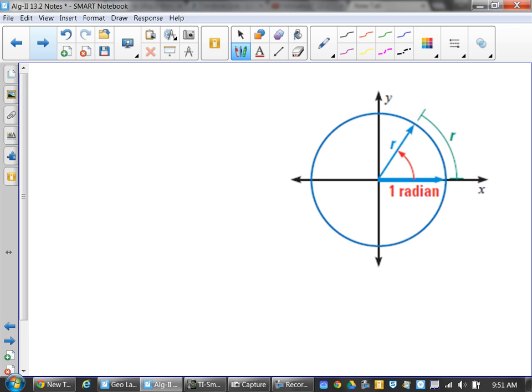What I want you to notice when you're dealing with the circle, the one thing that stays constant within the circle is the radius. You agree? The radian is the measure that something is moving around this outer edge of the circle. What's the outer edge of a circle called? Circumference. How do you find the edge? Oh, 2 pi r. It's 2 pi r, right?